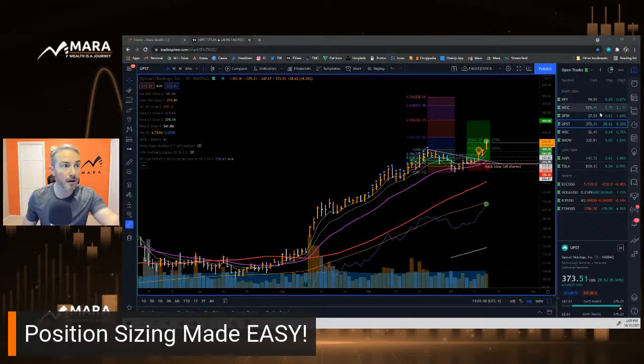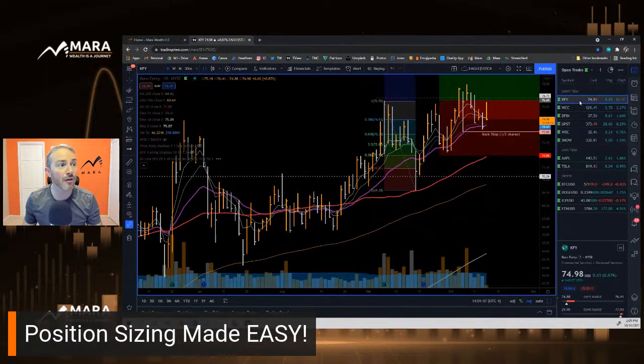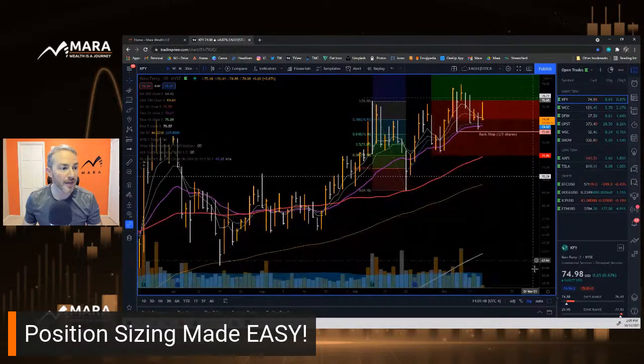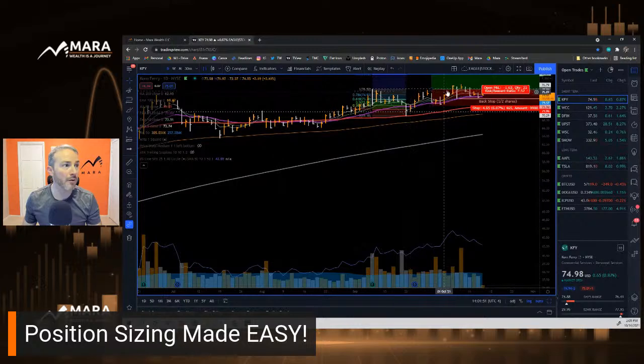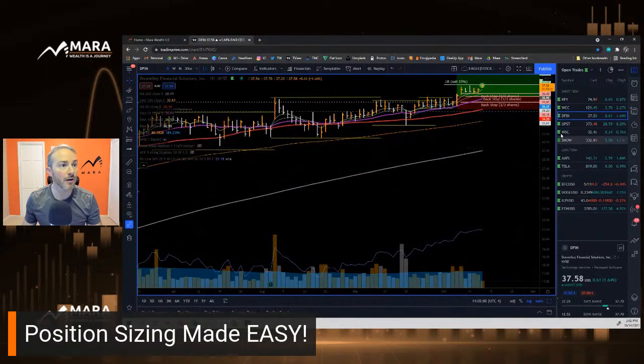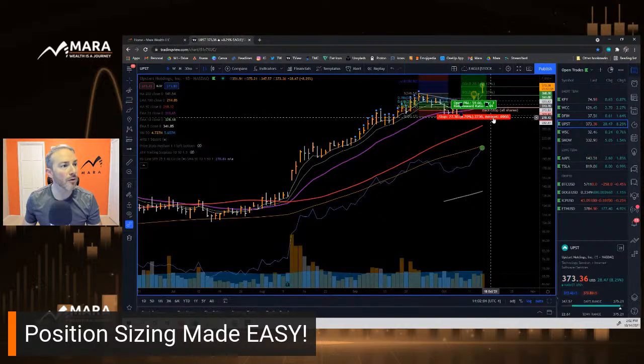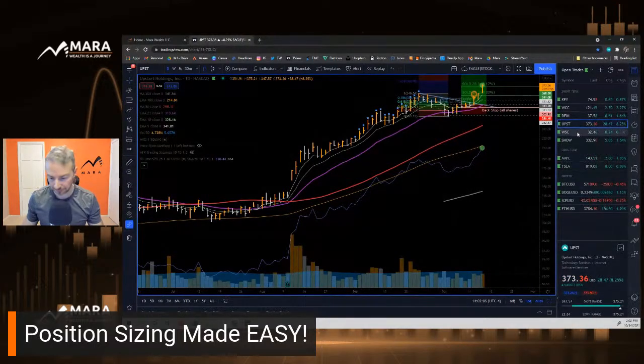Right over here, you can see some of the trades that I'm in right now, and each of those had to answer that question. You can see that with the green and red sections on each trade. It's a very important question to answer on every single trade.